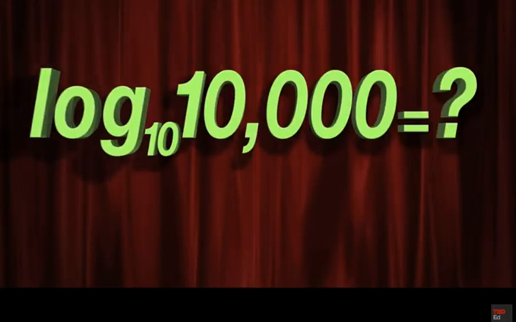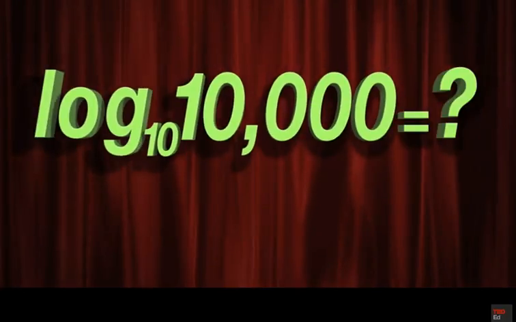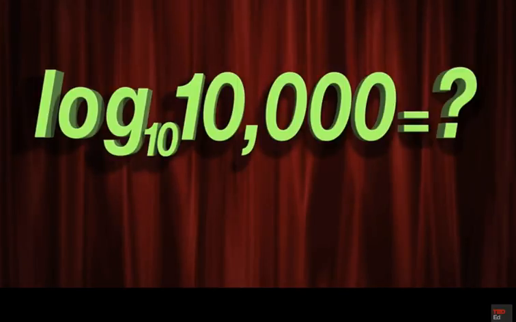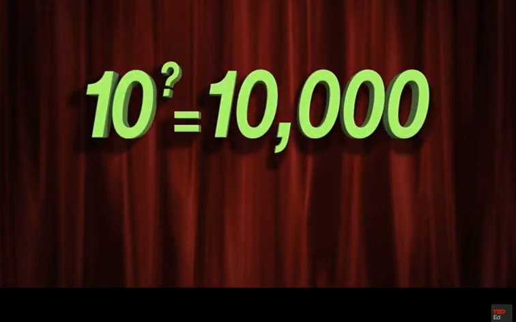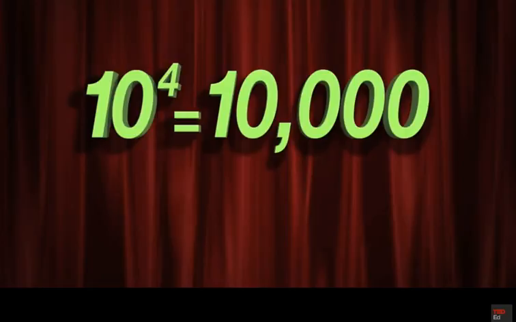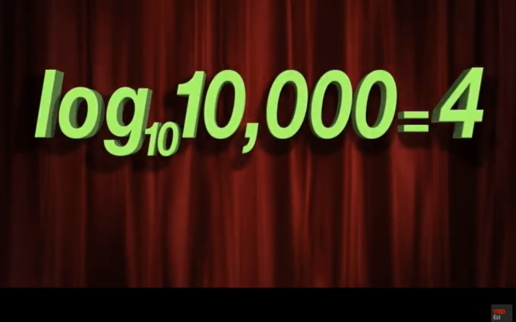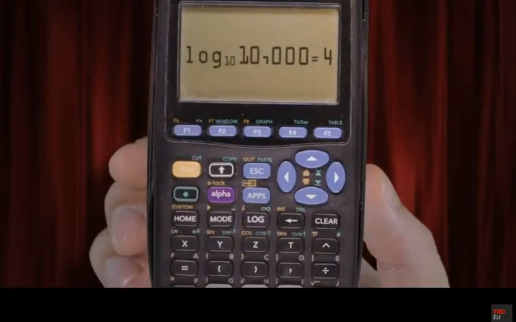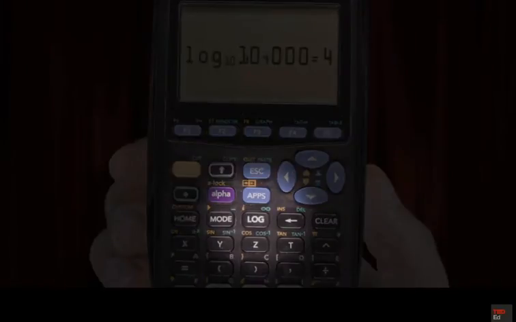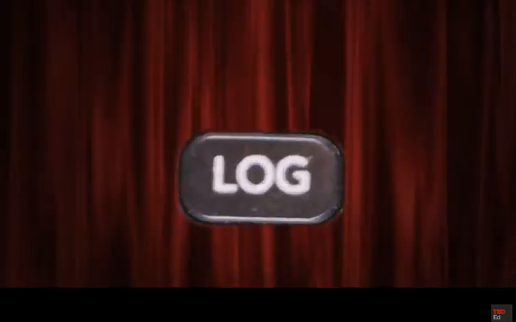What is the value of log base 10 of 10,000? The same question could be asked using exponents. 10 raised to what power is 10,000? Well, 10 to the 4th is 10,000. So log base 10 of 10,000 must equal 4. This example can also be completed very simply on a scientific calculator. Log base 10 is used so frequently in the sciences that it has the honor of having its own button on most calculators.